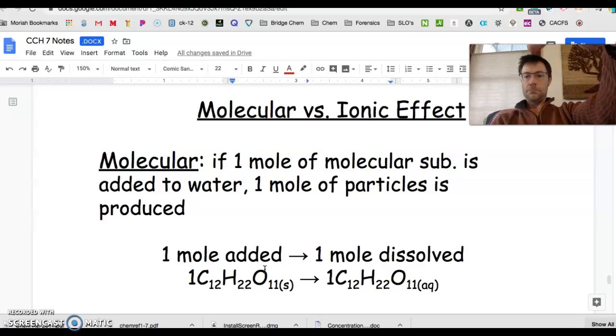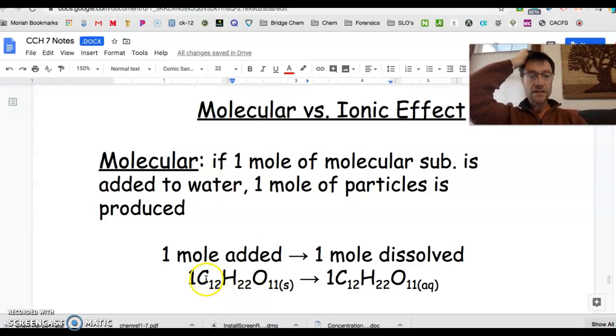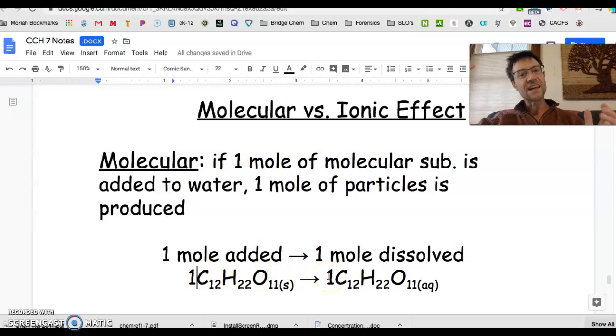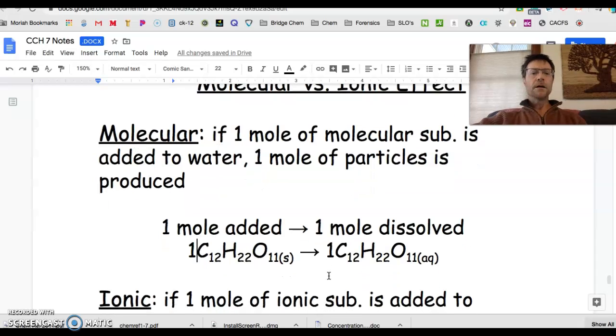That's sugar, right? Do you see how it's carbon-based? Look at that. Boom, carbon. Molecular, covalent, does not break apart when you dissolve in water. It only makes 1 mole of dissolved particles, right? It's not that effective, which is why we don't use sugar on the roads.